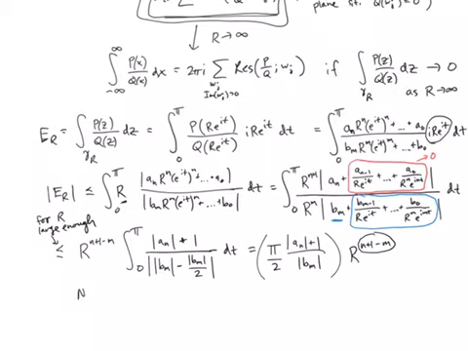Right, so we need n plus 1 minus m to be negative, so we need n plus 1 to be strictly less than m. And since n and m are integers, we can say that we want n plus 2 to be less than or equal to m. Right? So this is the degree of q, the denominator, and this is the degree of p plus 2. Right, so we need the degree of q to exceed the degree of p by at least 2.